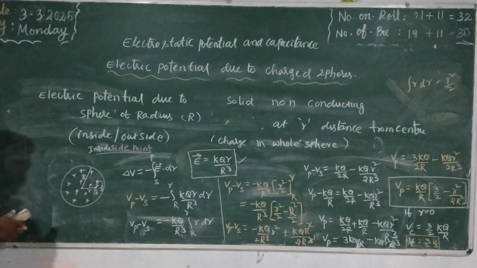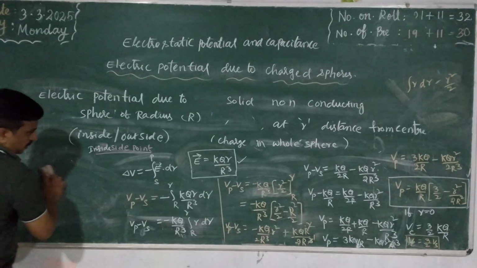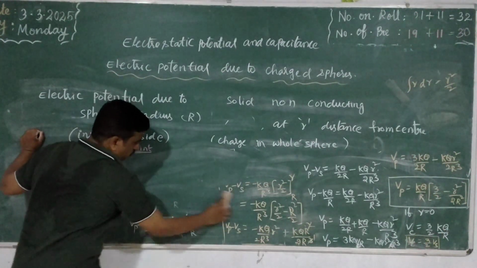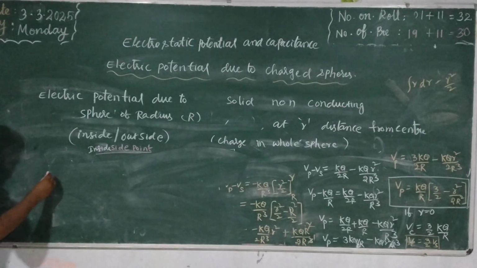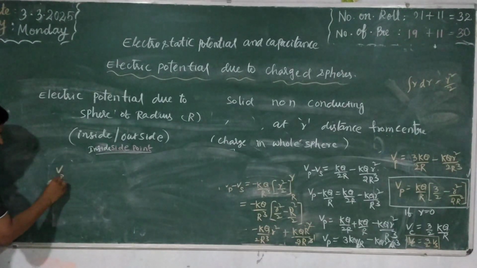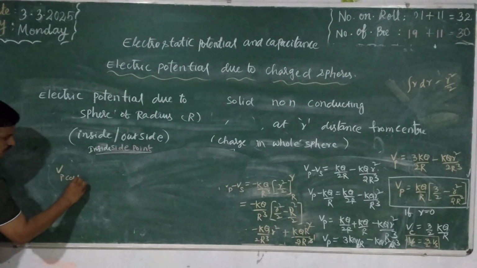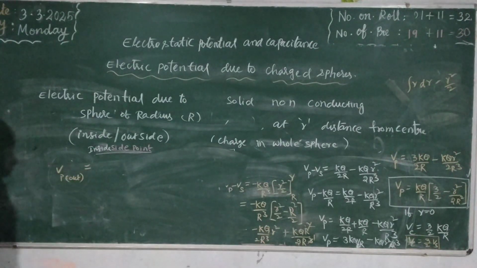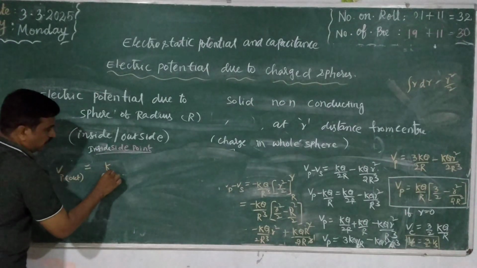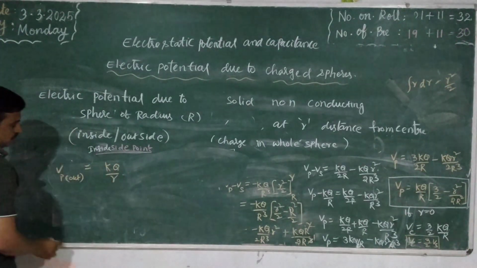See, we can draw the graph for this. For that I write here all the points one by one. See, what is the potential at an outside point? The potential due to a solid non-conducting sphere at an outside point, at distance r, is KQ by small r.